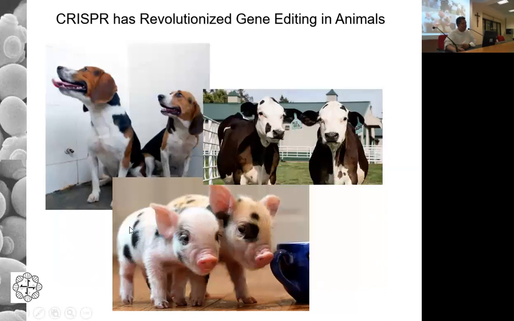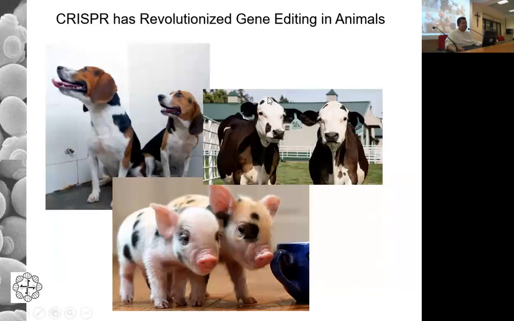On the bottom, you have mini piglets. You notice the size of the cup. So the pig is this small. It has been edited so it will be small because it is being sold as a pet pig. Because there are people who want pigs for pets, but the pig is too big. So they made a mini piglet. Again, this was done in China, and I think it's $1,000 to buy a piglet like this, a mini piglet.